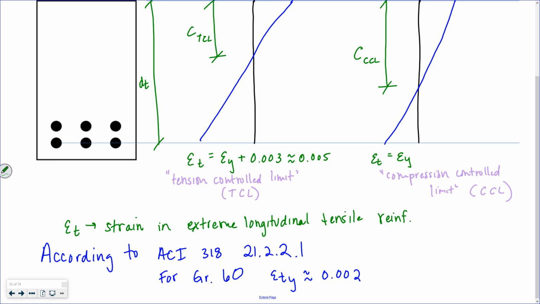If it's less than 0.002, you're compression controlled. If you're in the middle, you're in transition. And we use that to determine our phi factors.